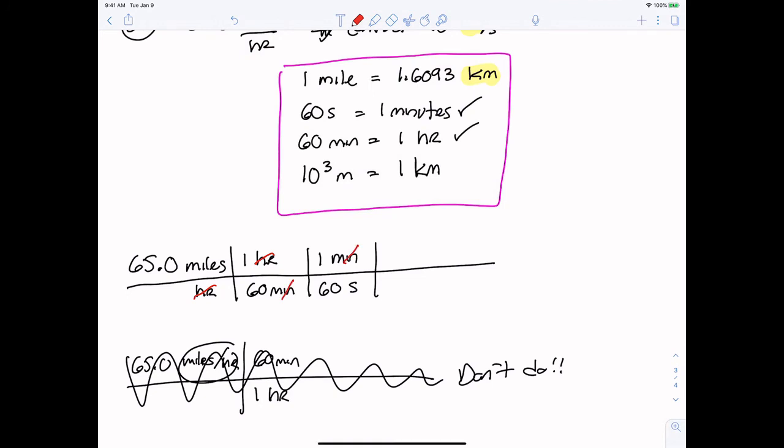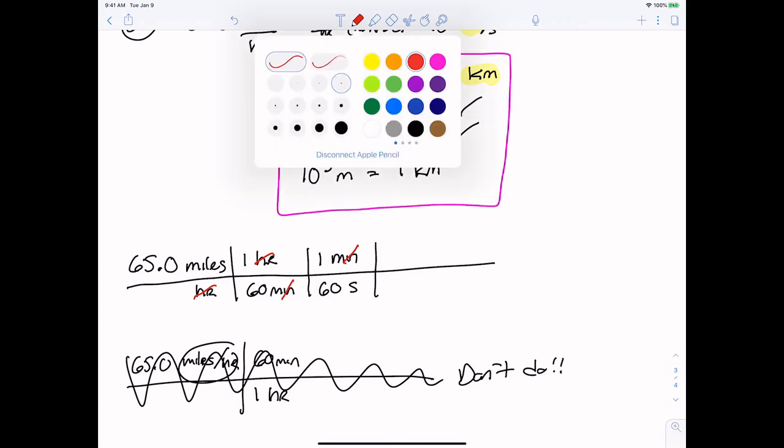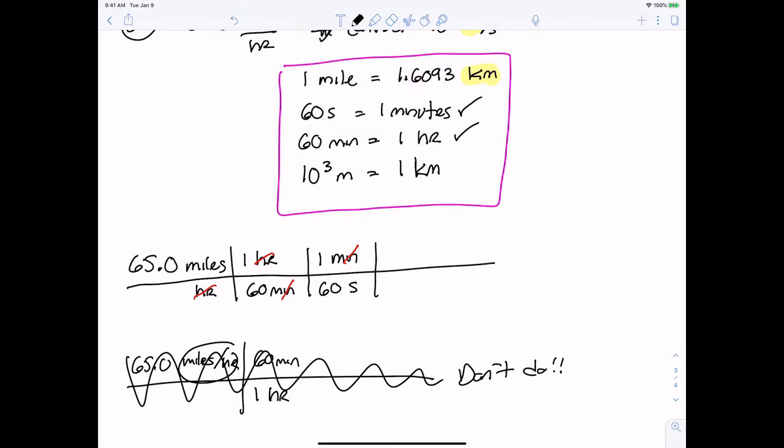I would highly recommend physically canceling like I am, taking the red pen and actually drawing lines through it. It's really easy to set it up incorrectly, accidentally, and then you'll catch those mistakes when you go to cross them out. If you have them both on the top and you go to cancel it, you'll catch yourself. I've done that in class before.